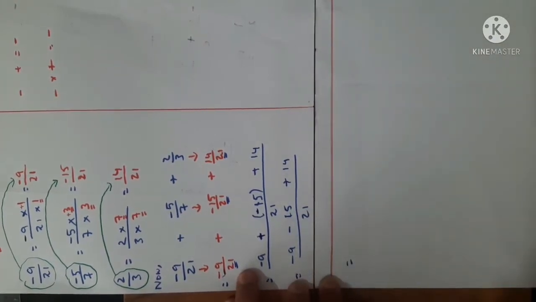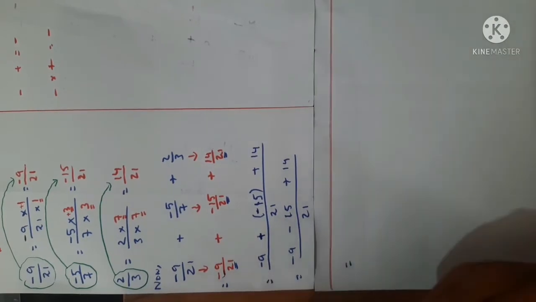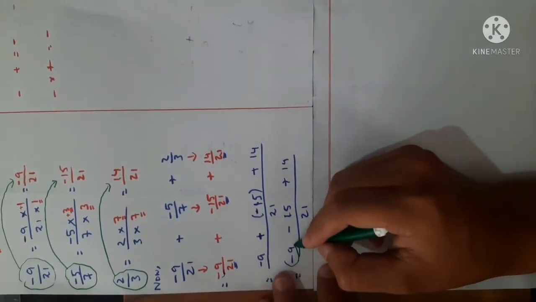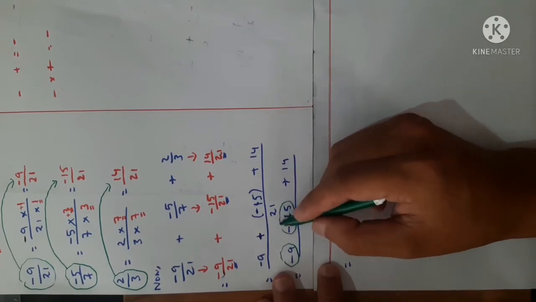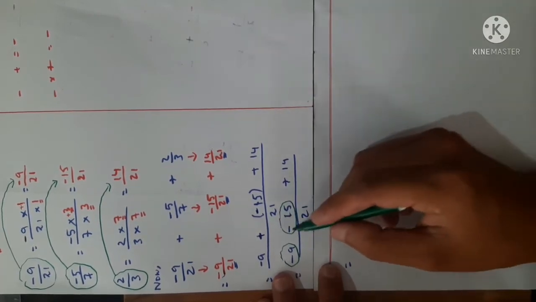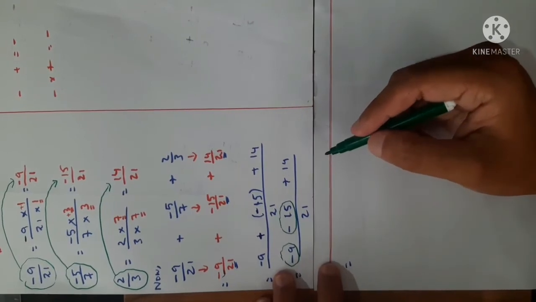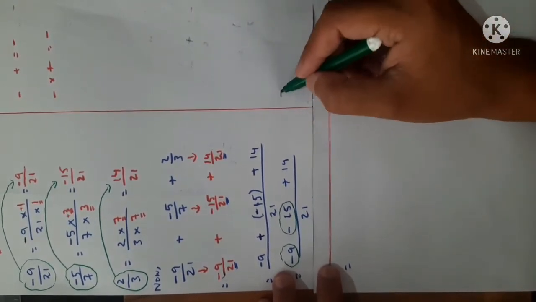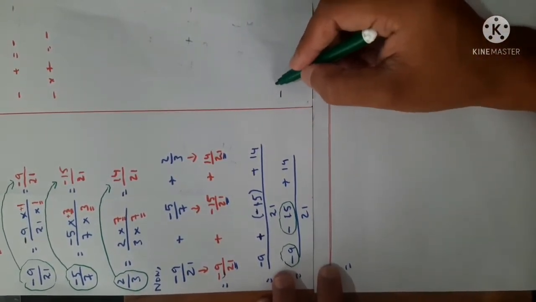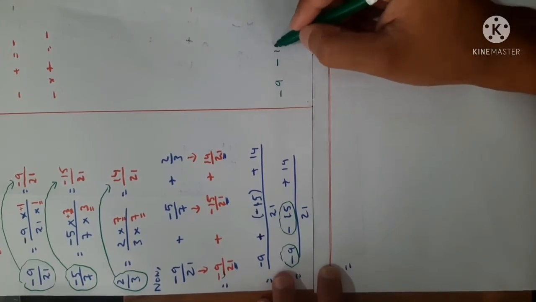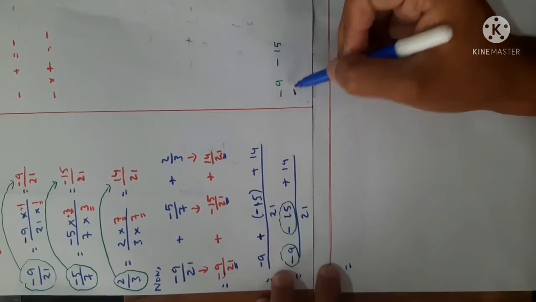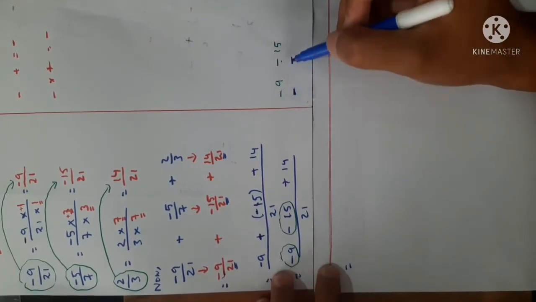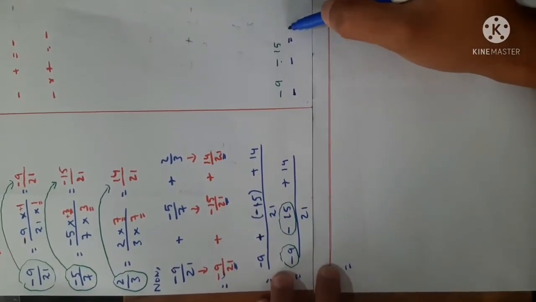So what are the like terms here? We have minus 9, so we add or subtract it with minus 15, since minus 15 has a minus in it. So minus 9 and minus 15. This one has a minus sign, and this one also has a minus sign. Minus and minus, we will get plus, isn't it?